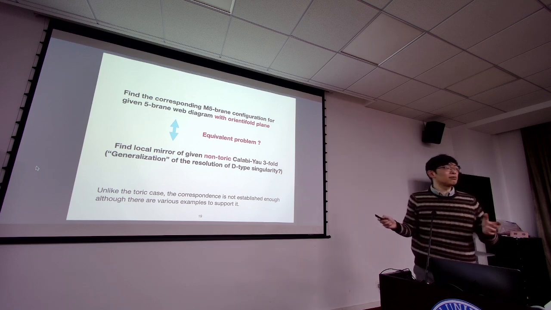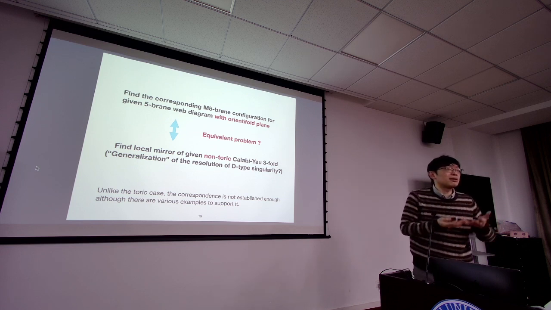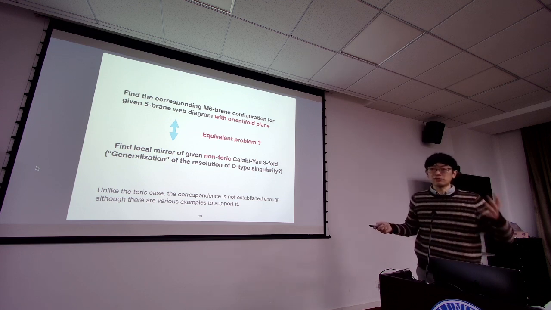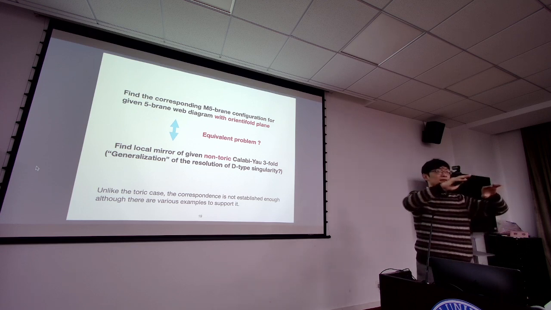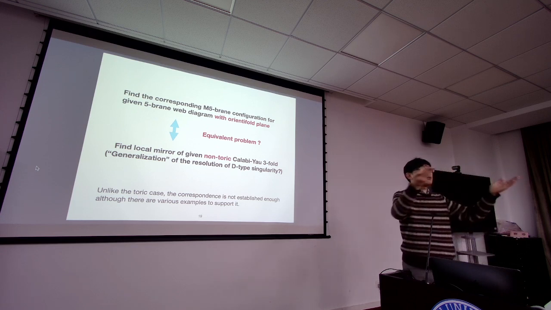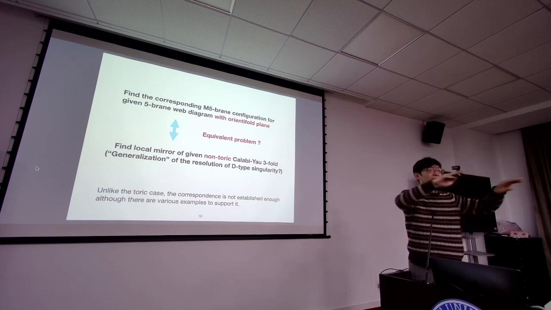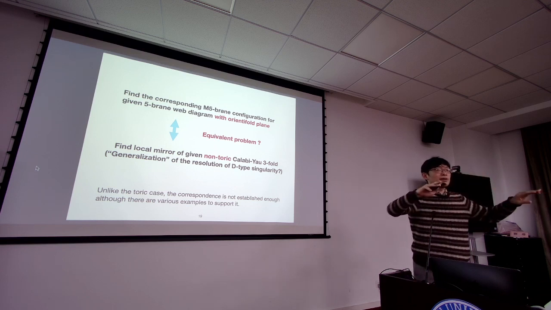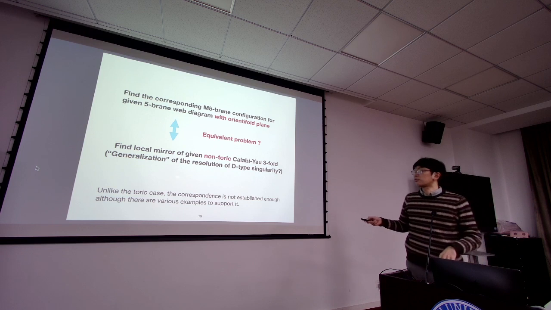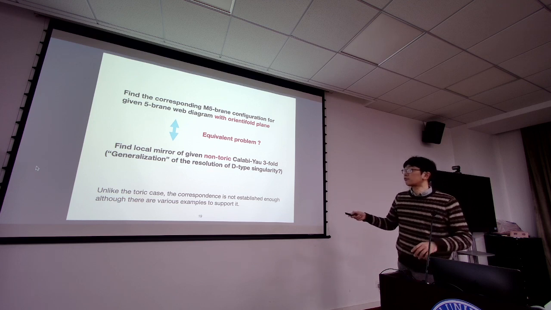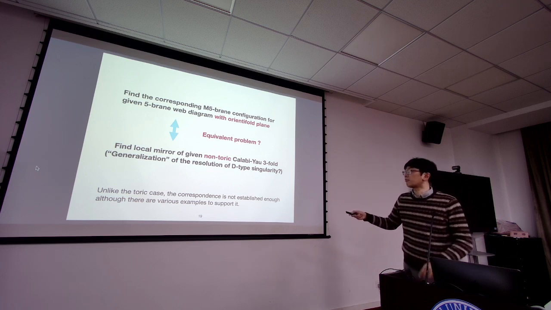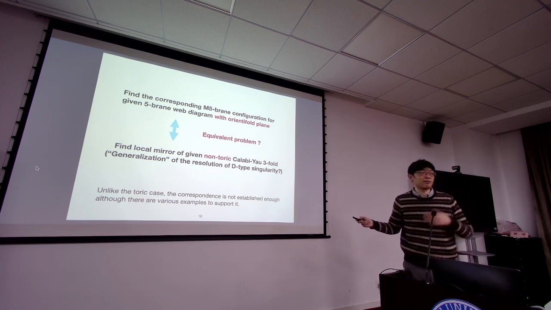As far as I know, no very systematic method is known, but at least we know that if there is no NS5 brane and only D5 and D5 is parallel to O5, this corresponds to the resolution of D-type singularity. So the fibrin web with orientifold should be some generalization of the resolution of D-type singularity. This is my expectation.